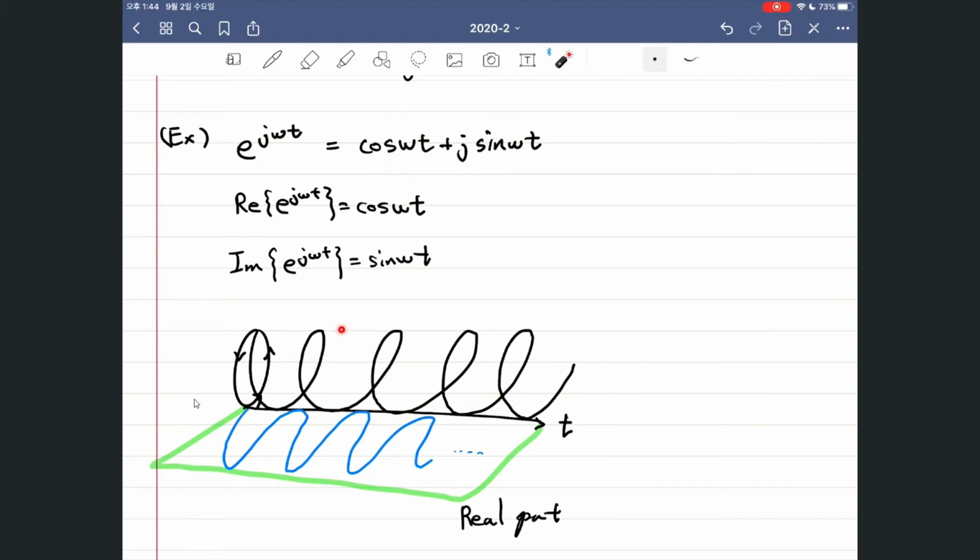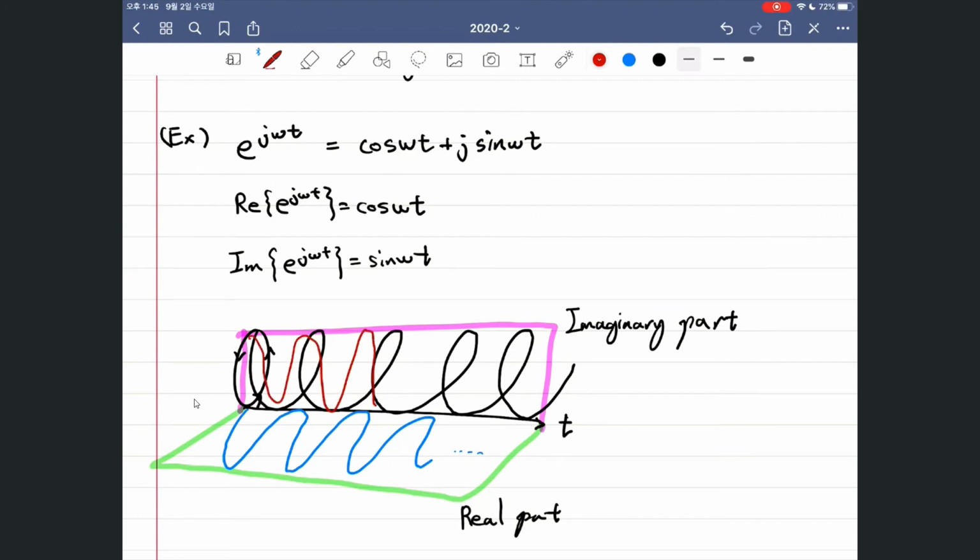And if you project this circular motion onto the imaginary part, let's say the imaginary part belongs to this wall, then the projection, maybe think of it like this, is represented by the sine of omega t.